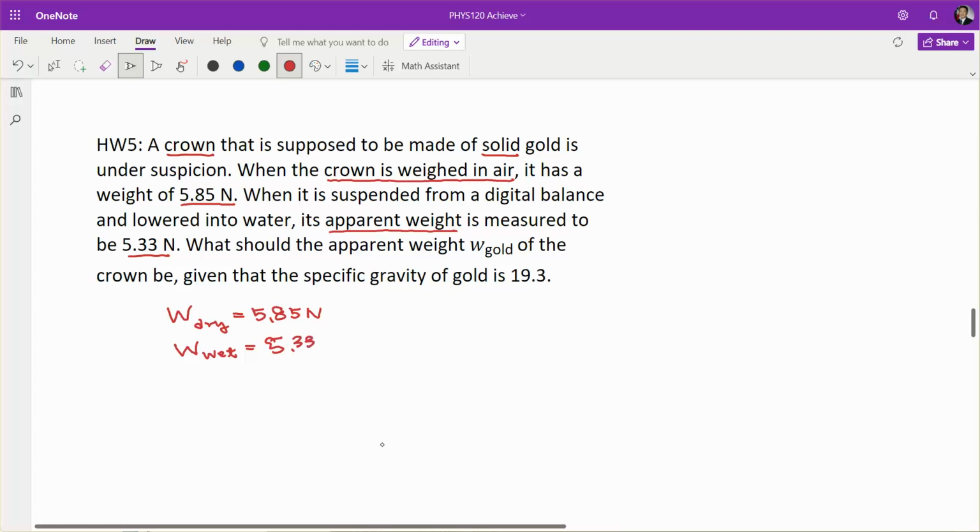That is 5.33. And we told you in the lab, if you put an object inside of a fluid, then the weight of that object will be smaller. The reason for that is because you have a buoyancy force. So this is 5.33, and the difference is our buoyancy.